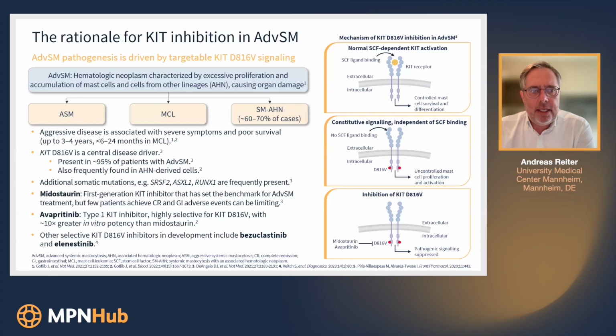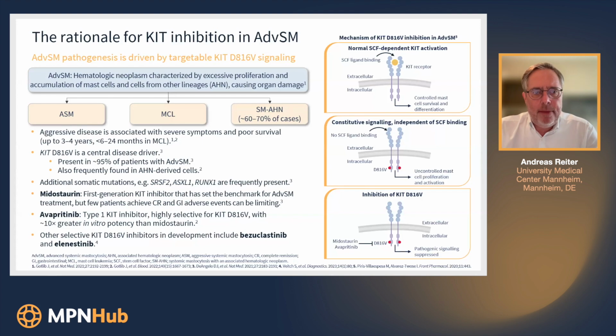I've already mentioned the additional somatic mutations, and by now we have 2 approved KIT inhibitors. So midostaurin, which is a more broad inhibitor, the first clinical trial started in 2009, and the drug was approved in 2017 in Europe.